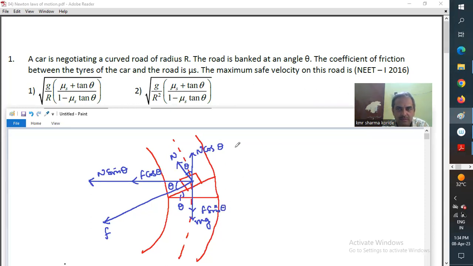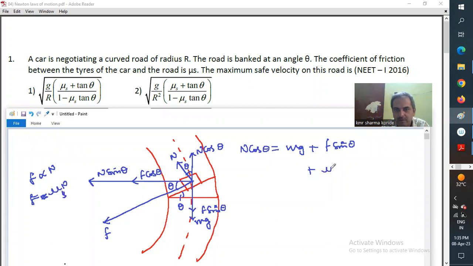Now let us list out the forces which are acting towards the center, balancing the component of normal reaction. First, N cos theta is equal to mg plus F sin theta. Since it is frictional force, you might know frictional force is directly proportional to normal reaction. On removal of the proportionality, you get the coefficient of friction, that is static friction.